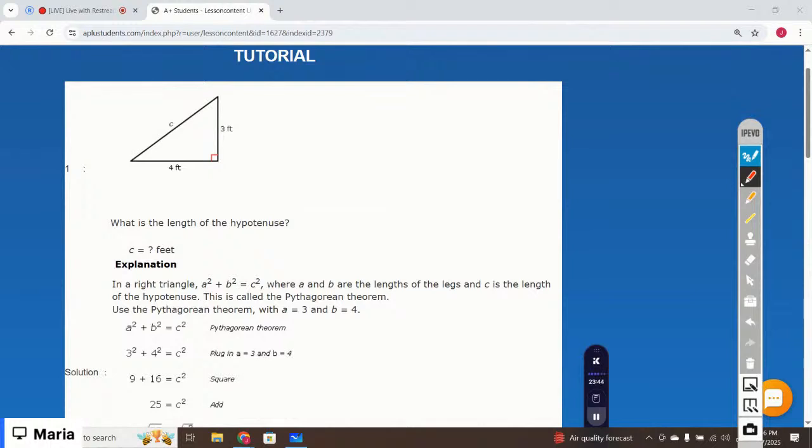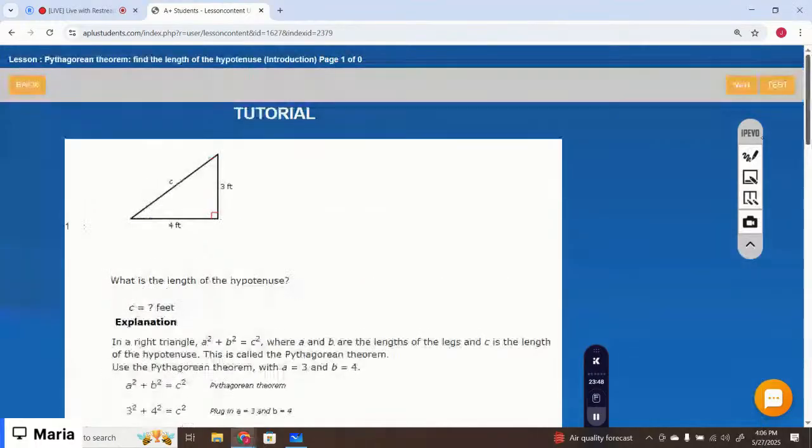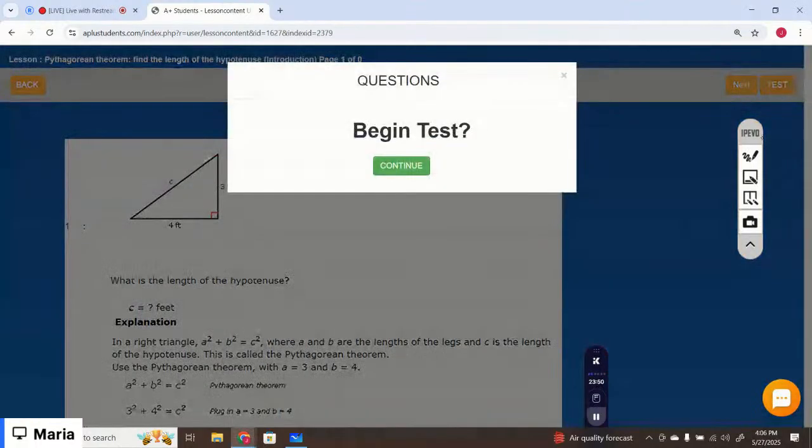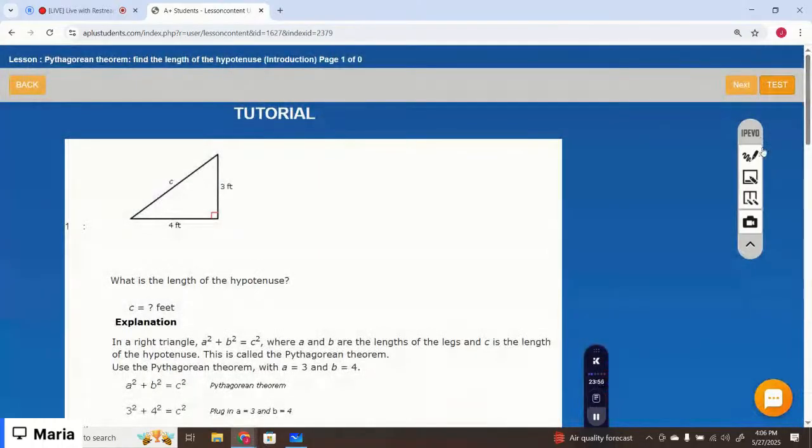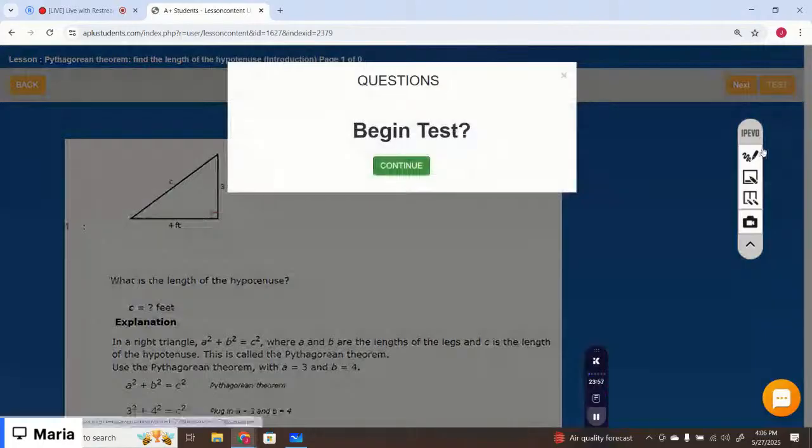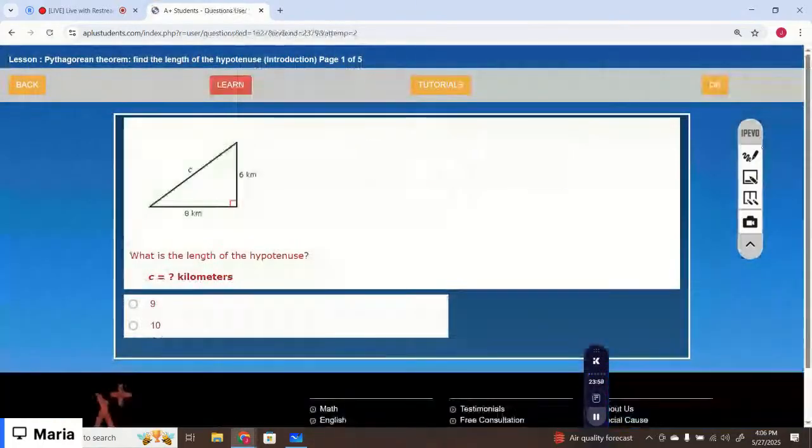Now let's start with the test questions. What is the length of the hypotenuse?